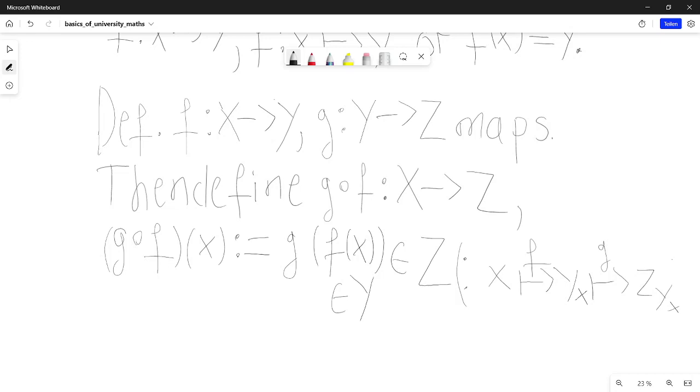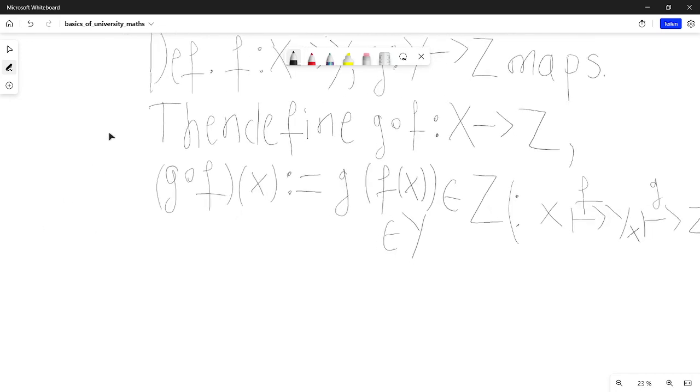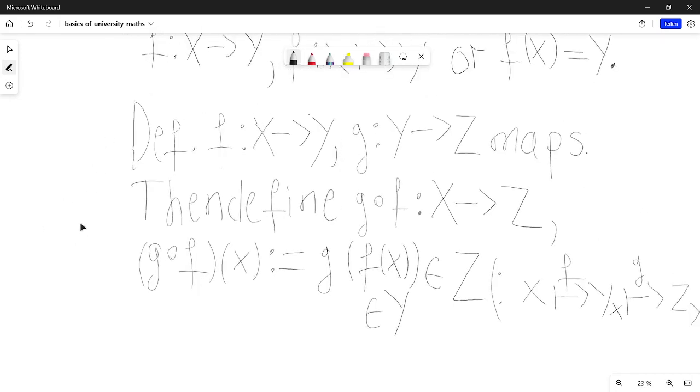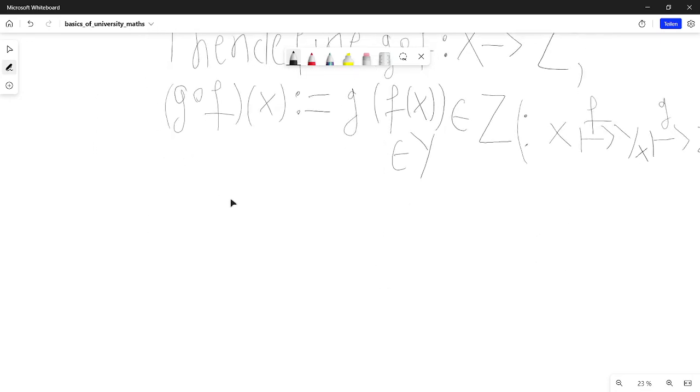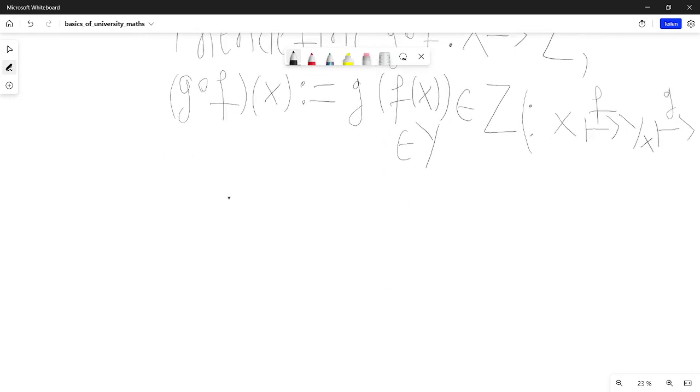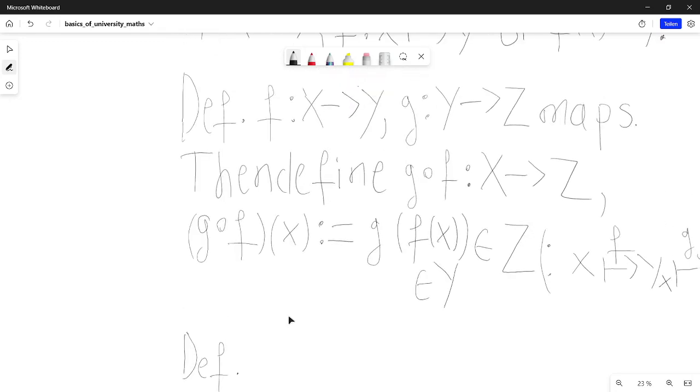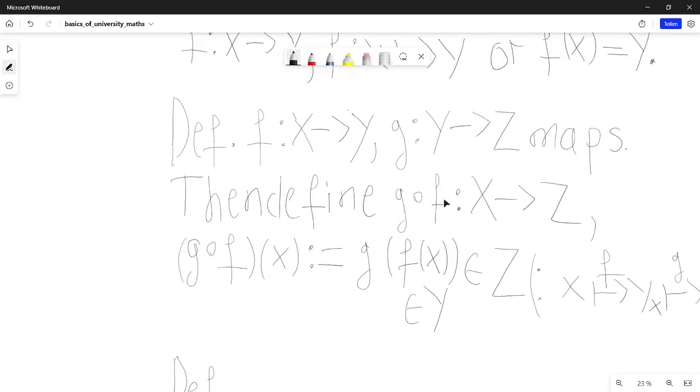Okay, but the formal stuff looks like that, right? And this is a composition. You can think about how it works; it's not complicated at all. It's just first to do the thing of the one map, then do the thing of the other map. And so we have defined a composition map from the space where we started to the space where we finish, right?